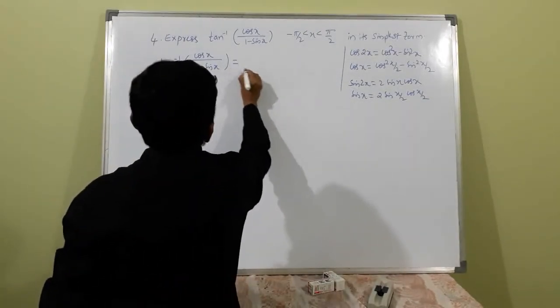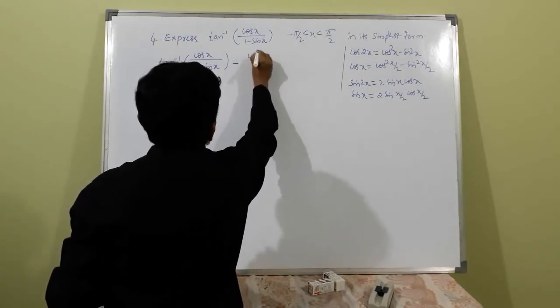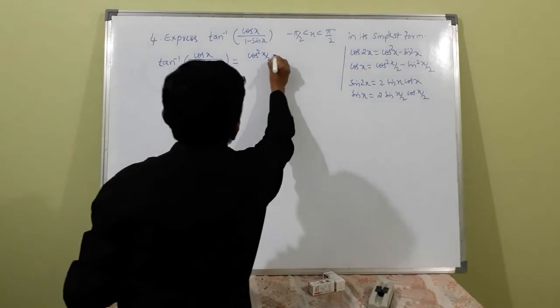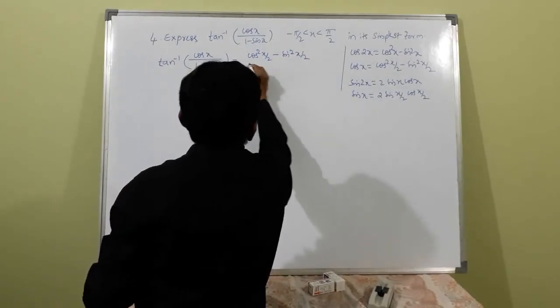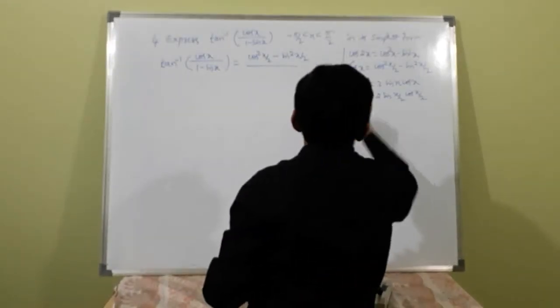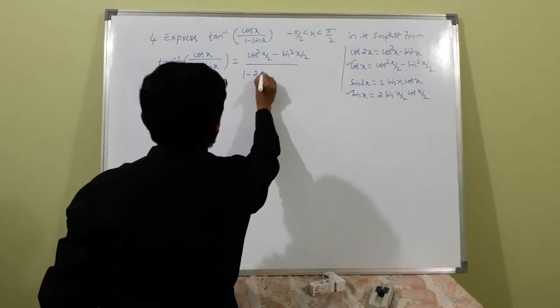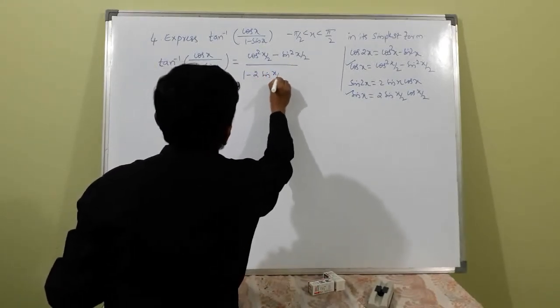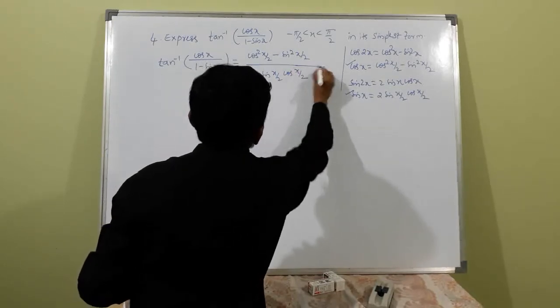This is equal to cos squared x by 2 minus sin squared x by 2. I am using this result. Now in the denominator, 1 minus 2 sin x by 2 cos x by 2.